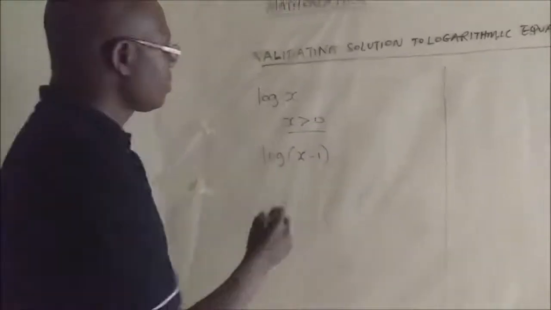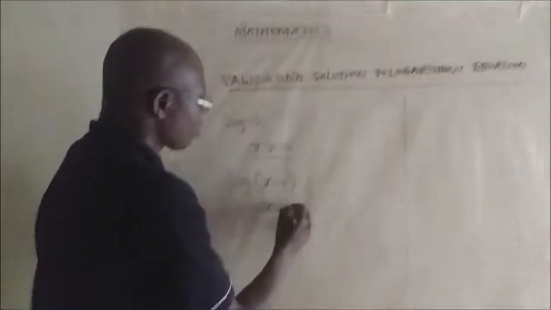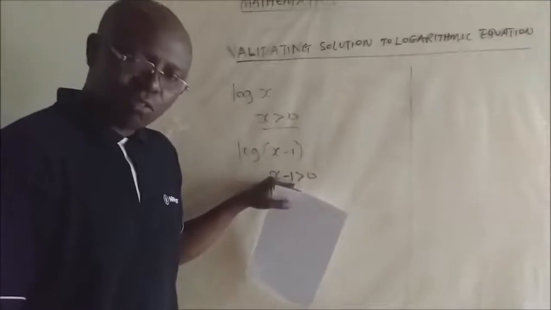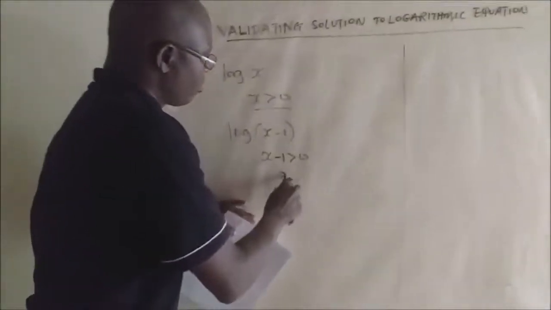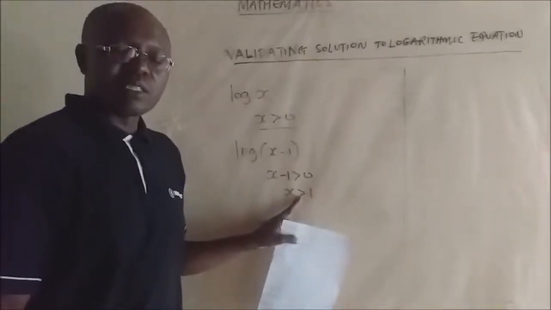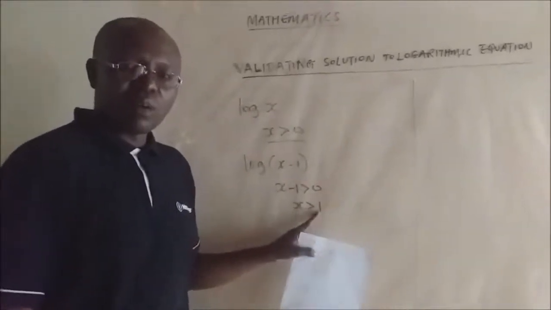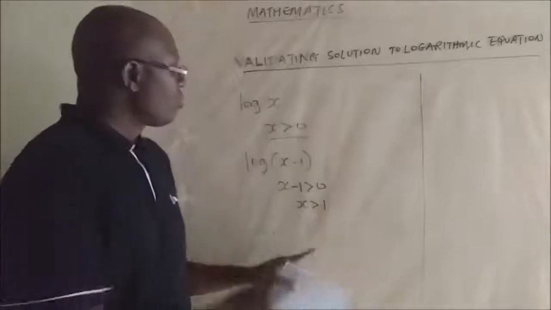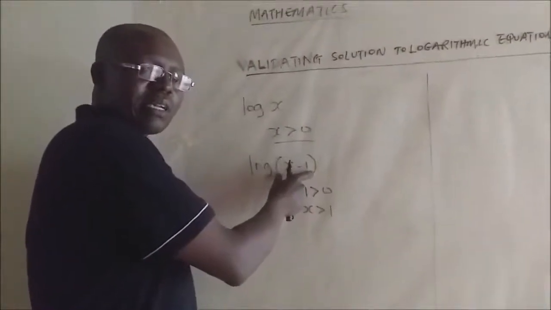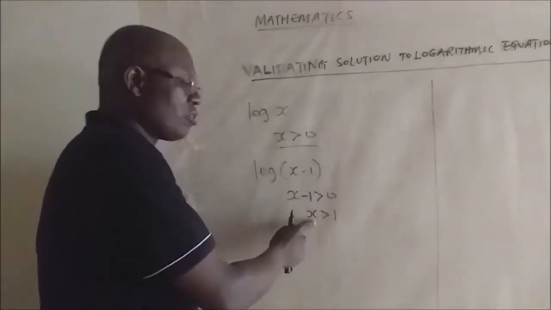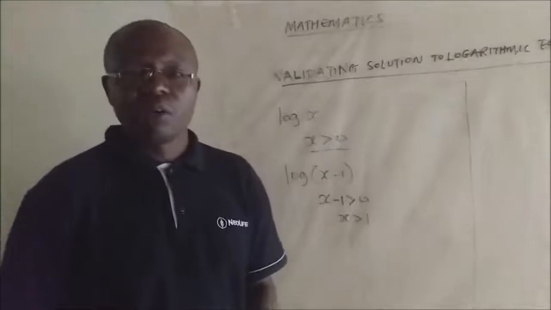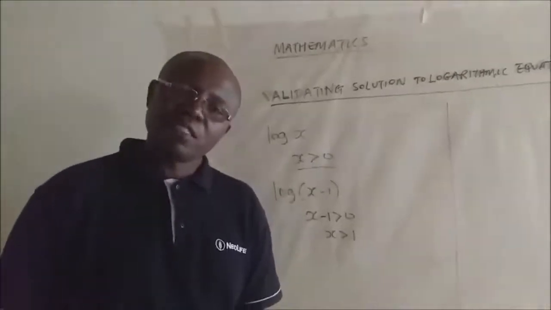That is to say, x minus 1 must always be greater than 0, which you can write as x greater than 1. For this argument to be greater than 0, the value of x must always be a number which is greater than 1.